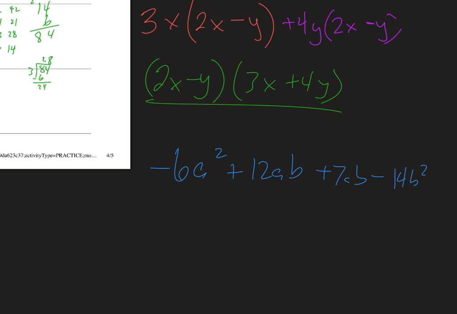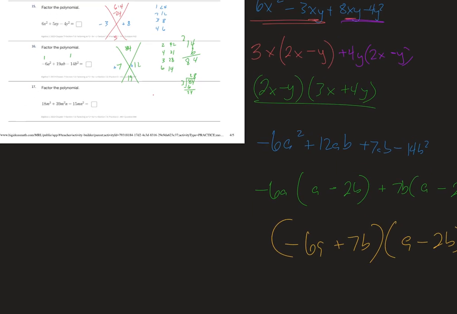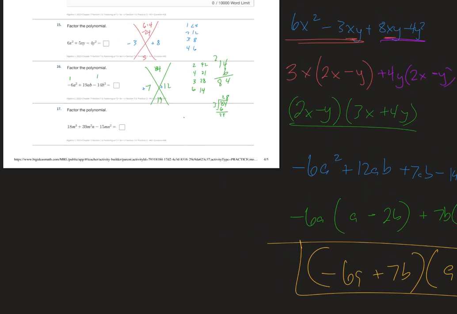Factoring out negative 6a, we're going to get a minus 2b. Factoring out 7b, we're going to get a minus 2b. And our answer for that one is negative 6a plus 7b times a minus 2b. That is the answer for 16.